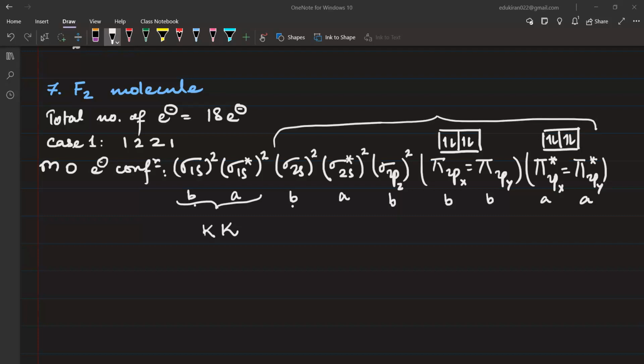You can't figure it out? Hey, what is the first shell known as? K, sir. Yes, so these are the molecular orbitals made by the first shell orbitals, right? This one s is also in K. This one is also in K, right? So that is why I write KK instead of sigma 1s and sigma star 1s. Sure? And then the rest of them are written as they are. Okay, so you can also write it as. Then again start with the whole thing, this part here.